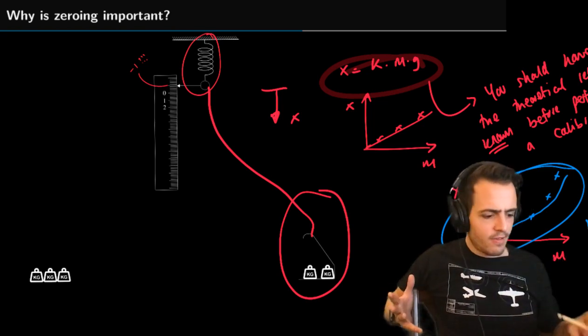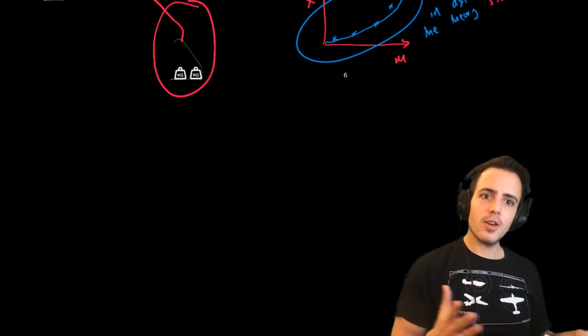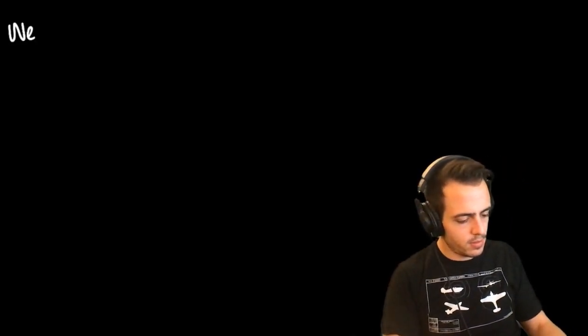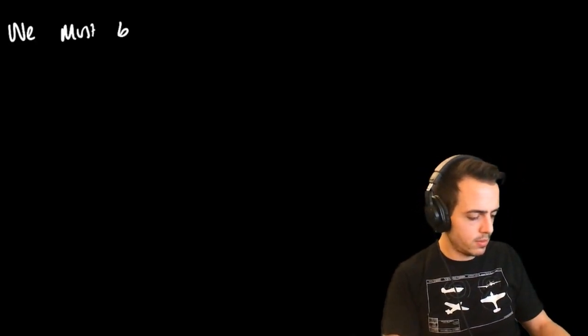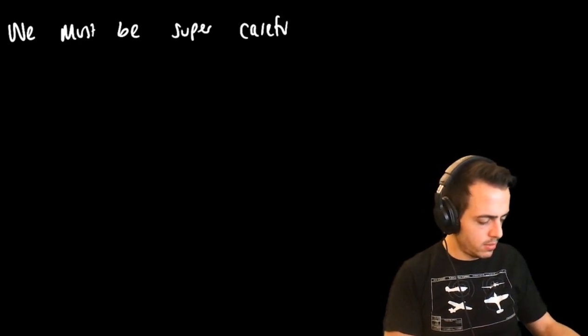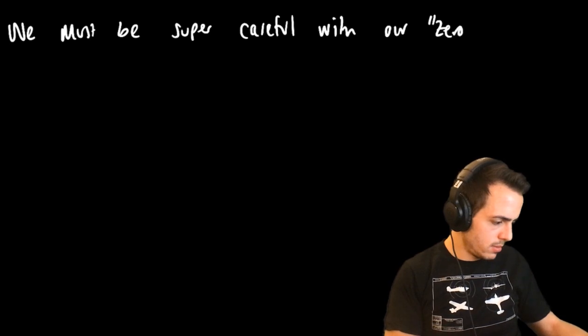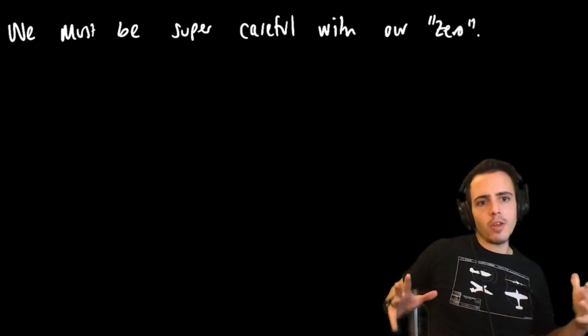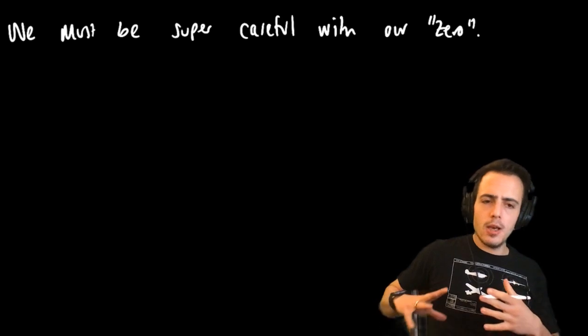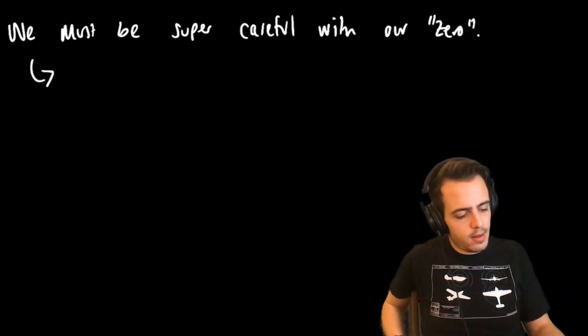So we have to be very careful with understanding when we take a 0 and what we do with it. So the 0 that we take at the beginning of our experiment, we take when the transducer is in what's called a quiescent state.